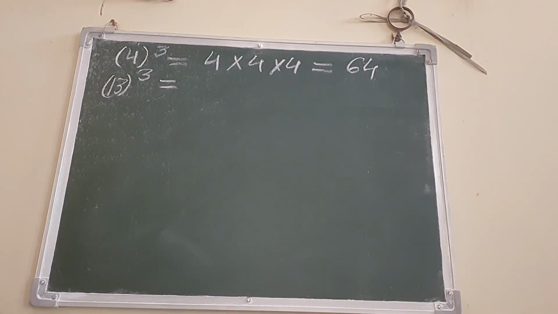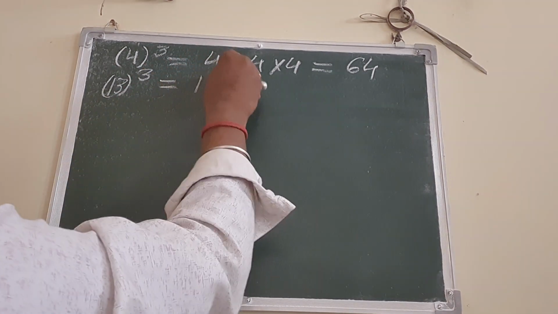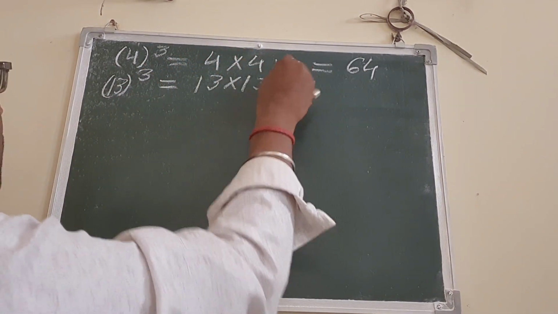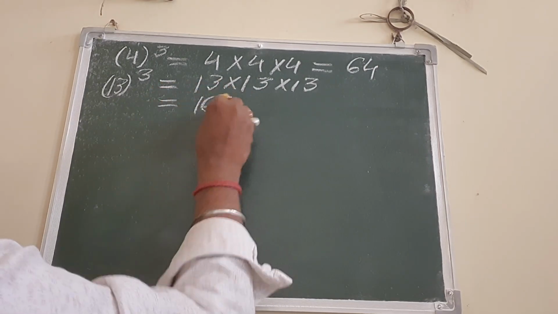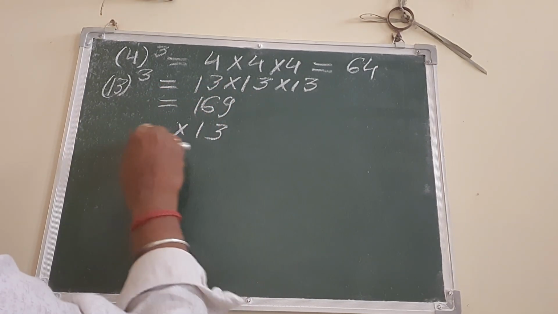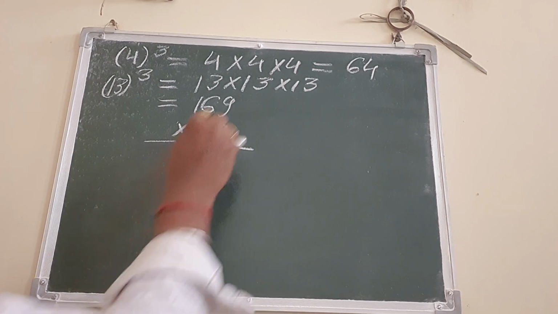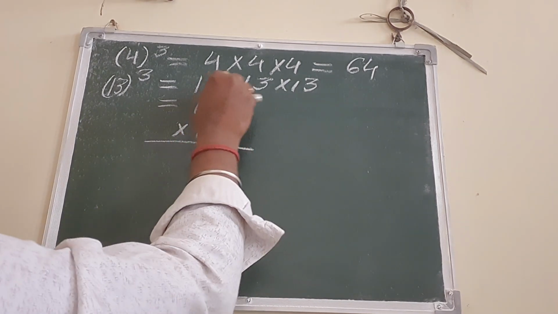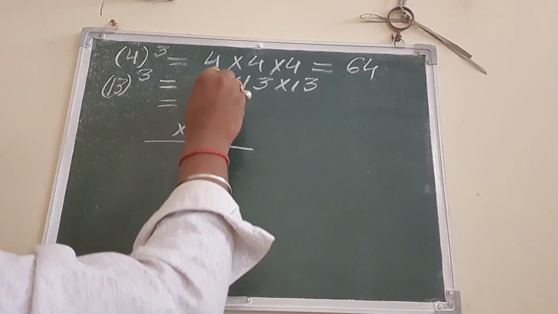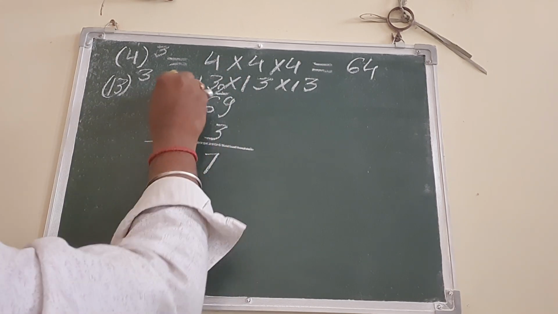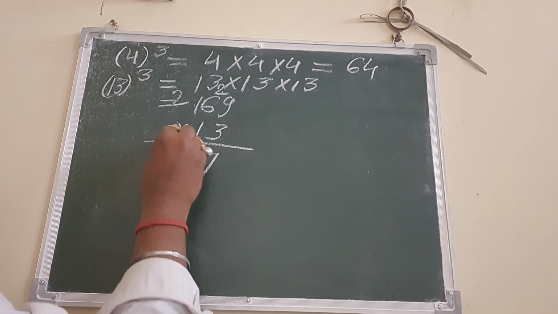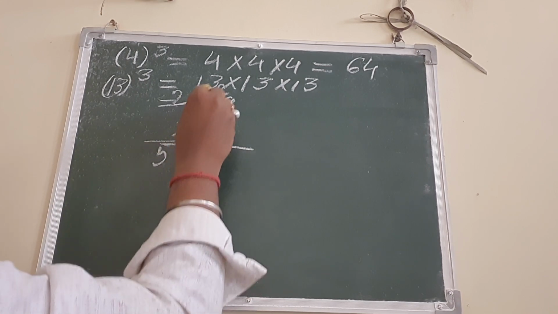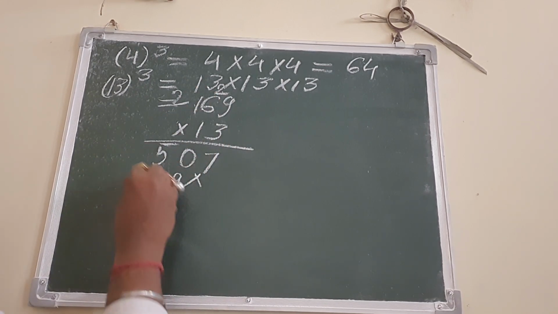So how will we do it? 13 into 13 into 13. So 13 into 13 comes out to be 169, and it is multiplied by 13. So 3 9s are 27, 7 carry 2, 3 6s are 18 plus 2 is 20, 0 carry 2, 3 1s are 3 plus 2 is 5, and it will be 9 6 1.